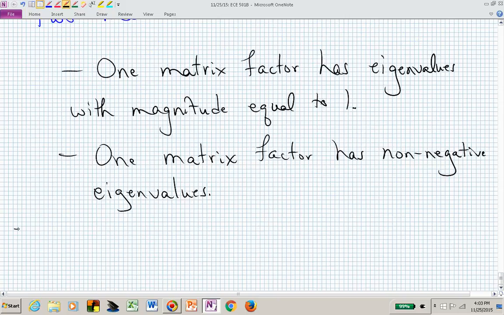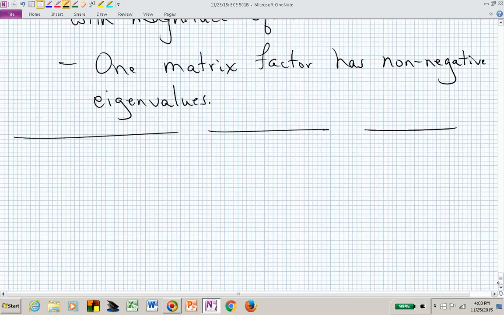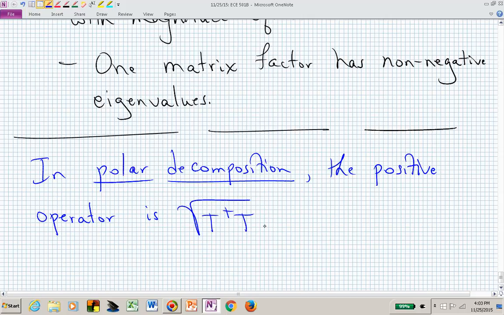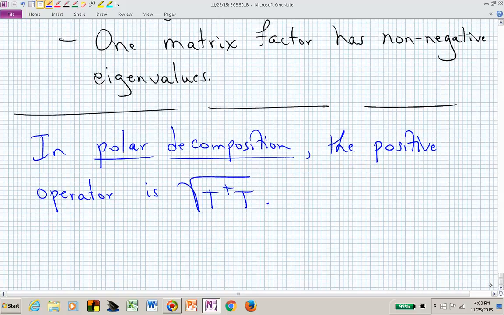And what we now want to do is sort of play off on that second matrix in polar decomposition. The positive operator is this positive square root of T dagger T. And we want to look at that a little bit more carefully now.